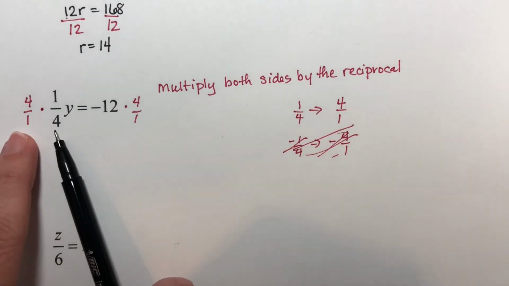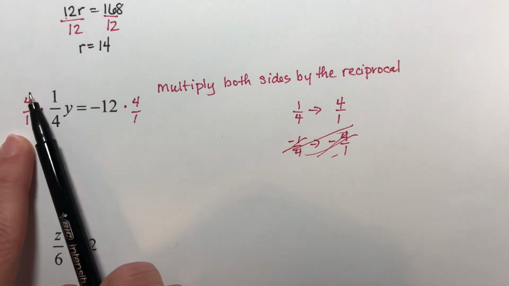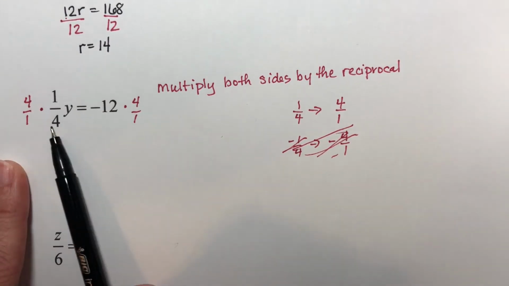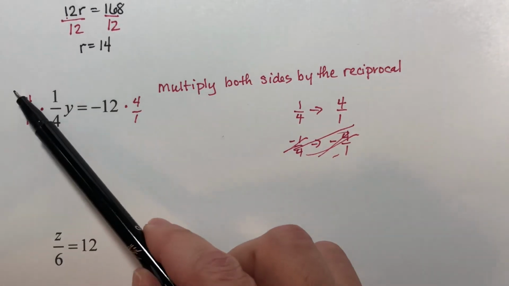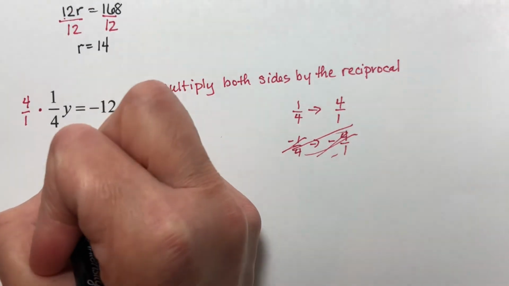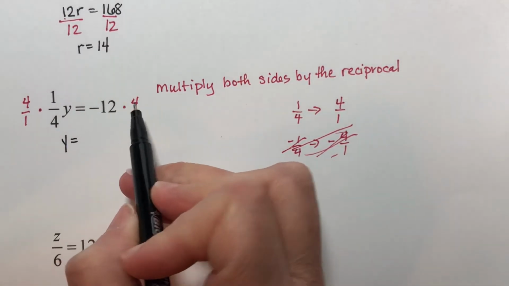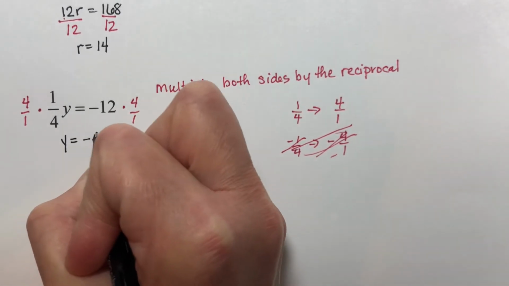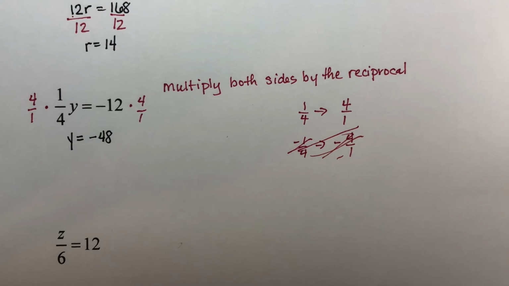But when you multiply by reciprocals, you always get a positive 1. This would end up with 4 over 4, which is 1. Think of cross cancellation, those cancel out. You have a 1. What I end up with here is y equal to negative 12 times 4, which is negative 48. Negative 48 would be your answer there.